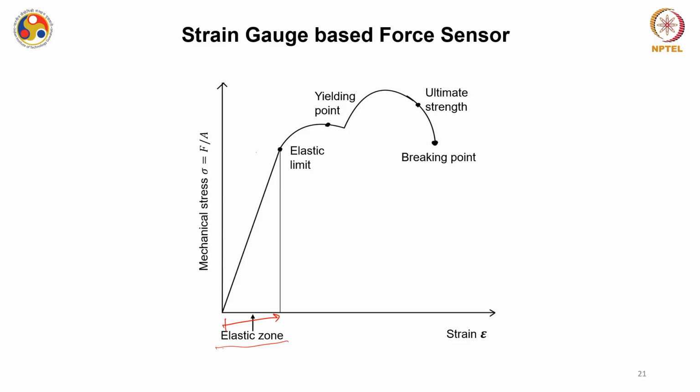Once it crosses the elastic limit and then the yield point, the measurement it gives is mostly wrong. And once it crosses the ultimate strength point or the breaking point, things are beyond your control, and even the strain gauge will not be reusable in future. So, the problem with strain gauges is that once you overload them, they cannot be recovered. Once it reaches its plastic region, it cannot be brought back to the elastic region.